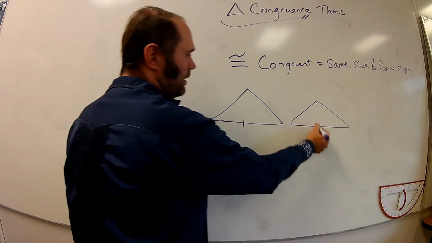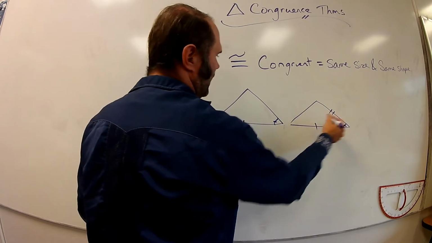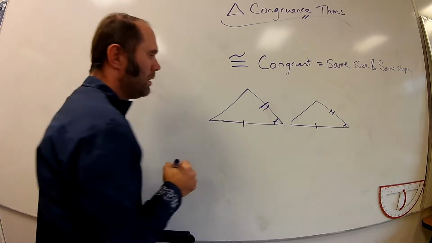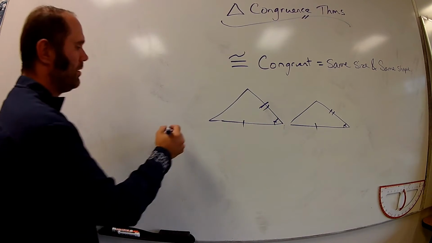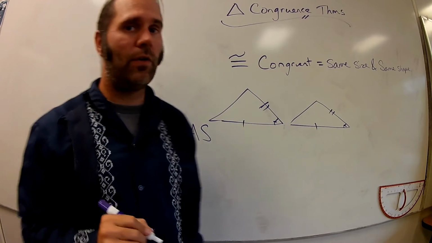So a side, an angle, and a side. That is enough information, and the shorthand for the rule is SAS: side, angle, side.